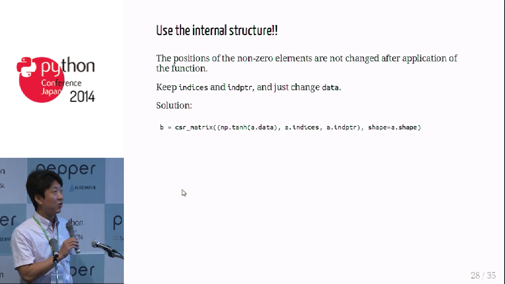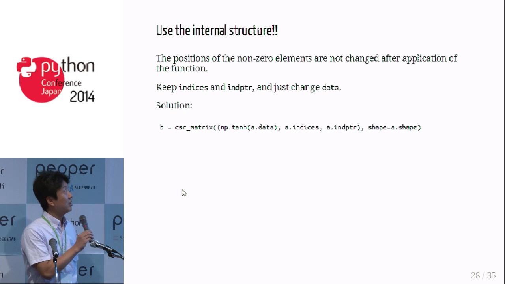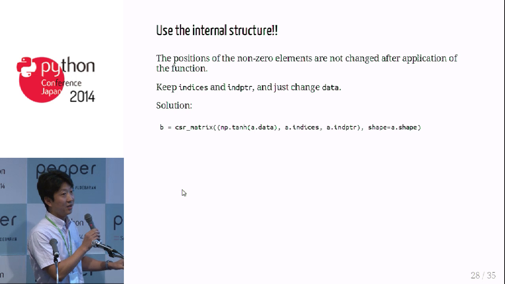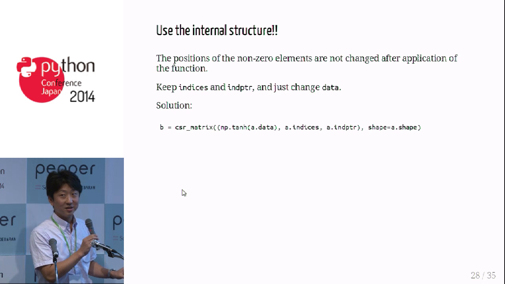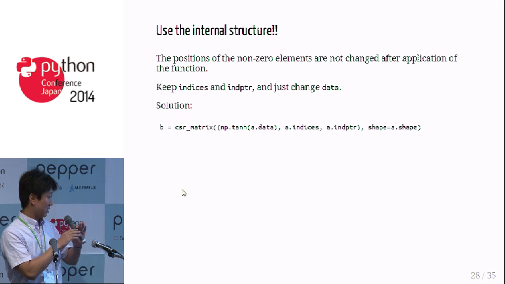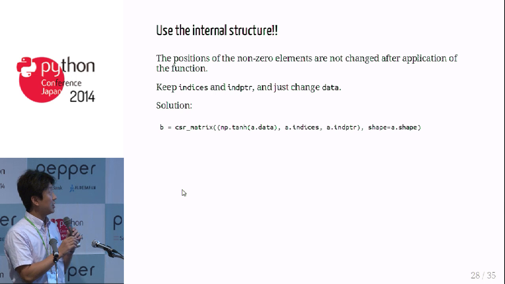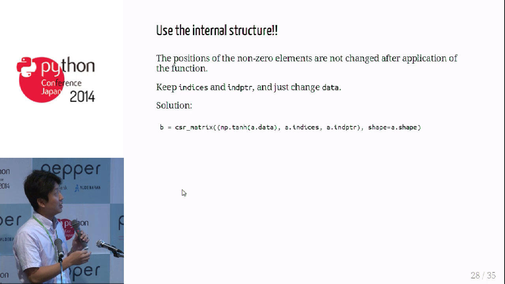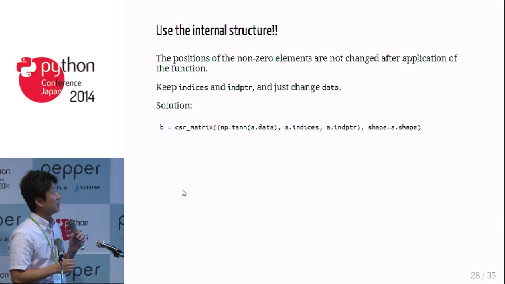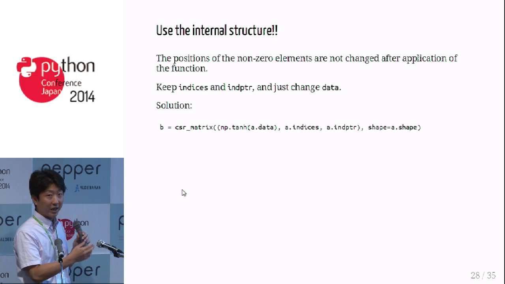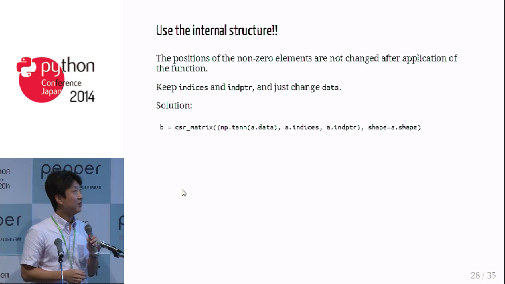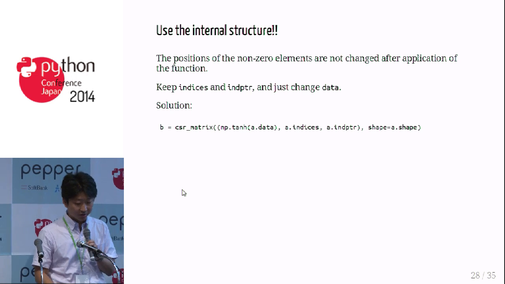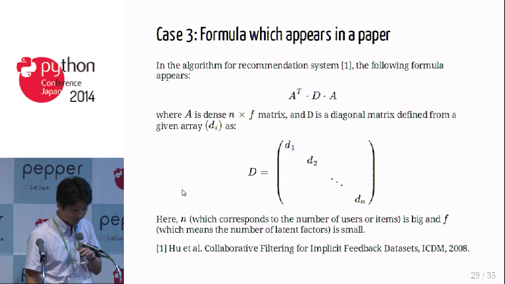So all you have to do is just apply universal function to all the elements. A CSC or CSR matrix is expressed with a tuple of data, indices and the pointer. So all you have to do is just apply function to data. This is the solution.